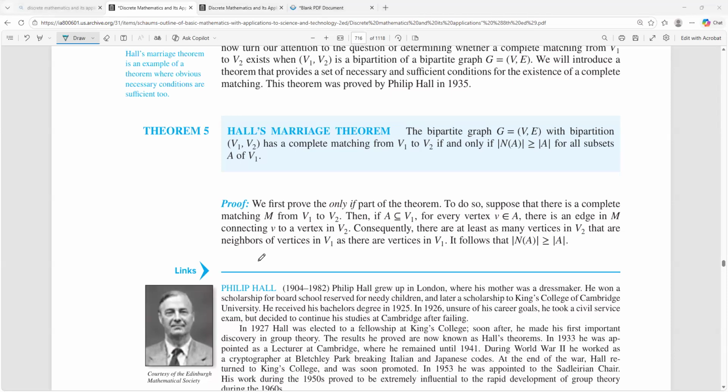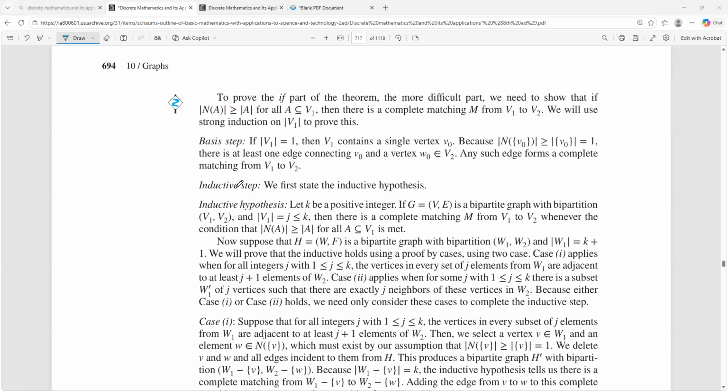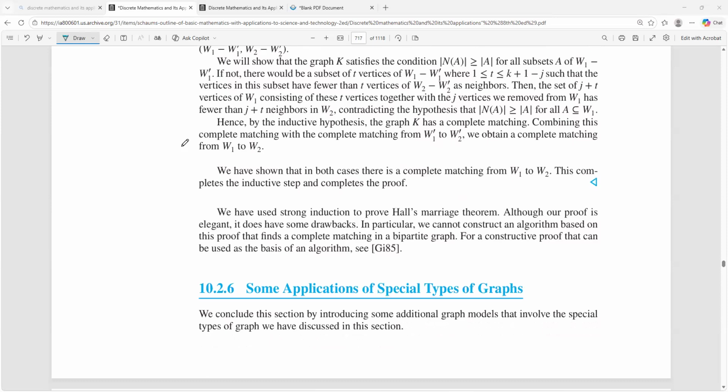Sorry about that. Just looking at the proof real quick. I don't think we have to prove this. This is a long proof.